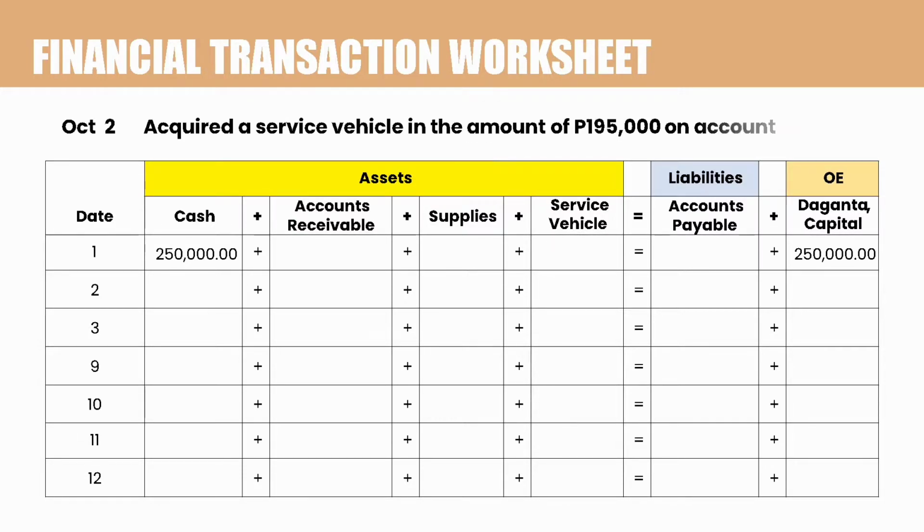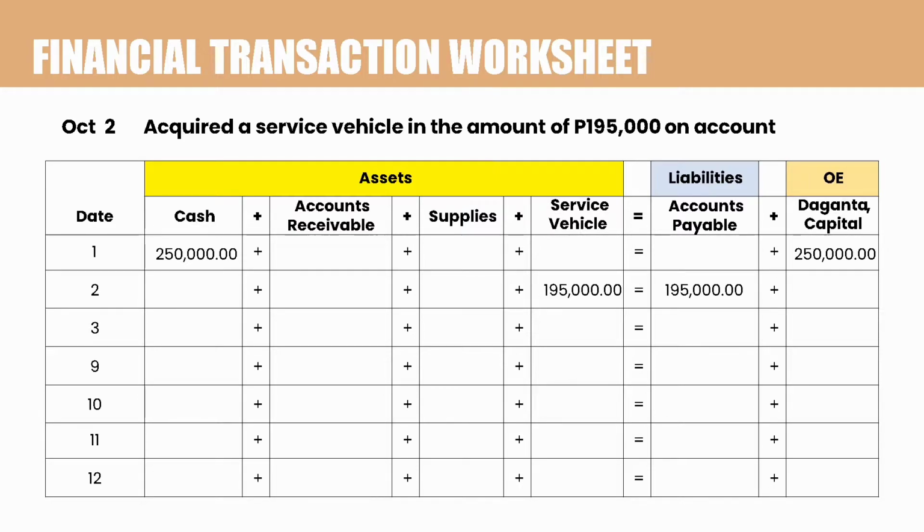Moving on with our October 2, we have here acquired a service vehicle in the amount of 195,000 on account. So, saan naman mapupunta tong 195,000 natin at ano naman yung mga accounts na naapektuhan in this transaction? So, dahil nag-acquire tayo ng service vehicle, itong 195,000 natin ay mapupunta under ng service vehicle column and sa ating accounts payable na under ng liabilities.